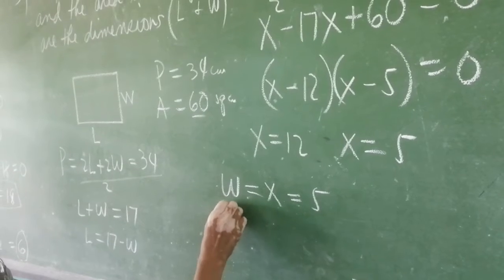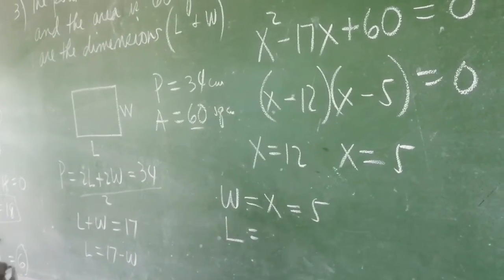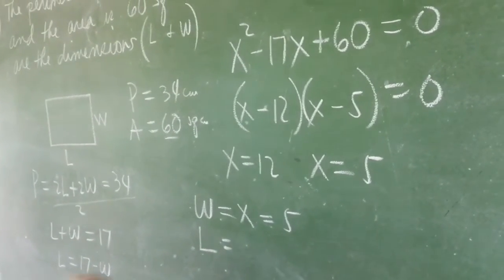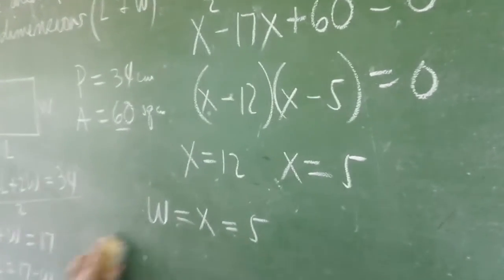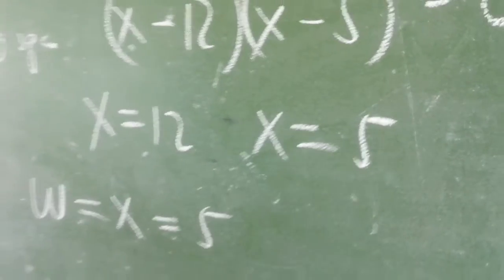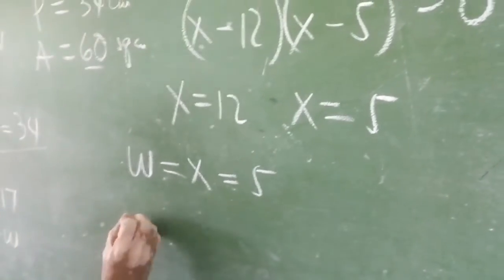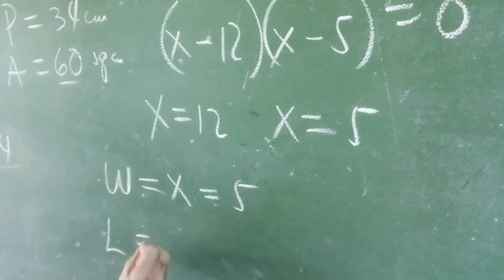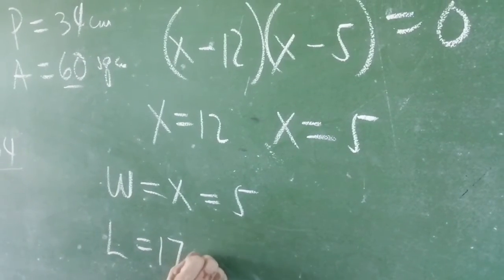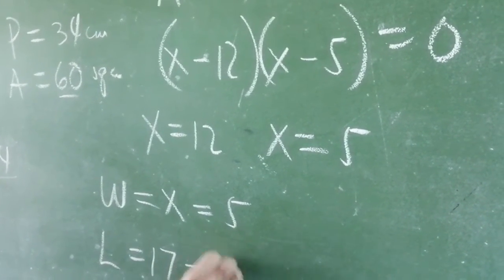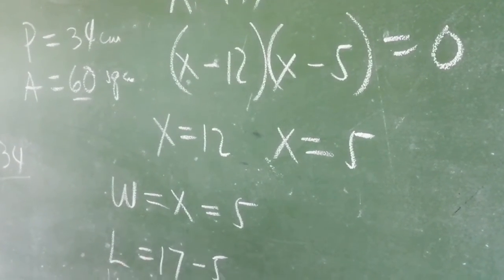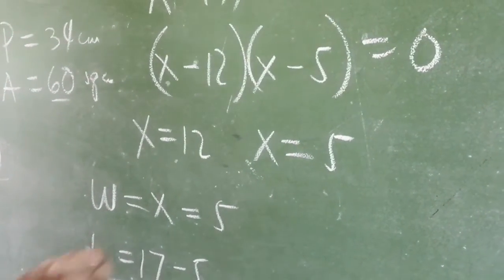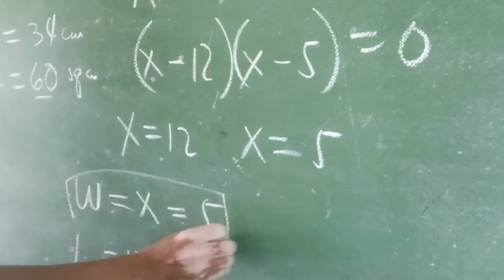So therefore, I mean to say the length will be equal to 17 minus W, which is 5. So length will be equal to 12. Okay, so the length is 12 and the width is 5.